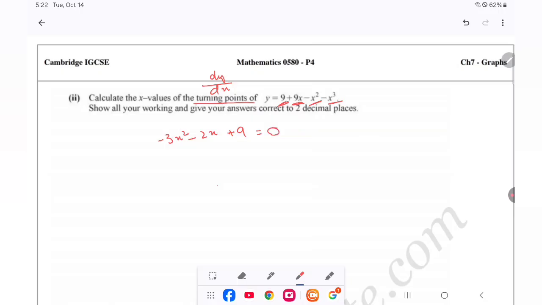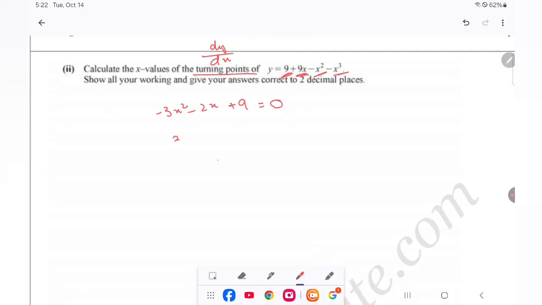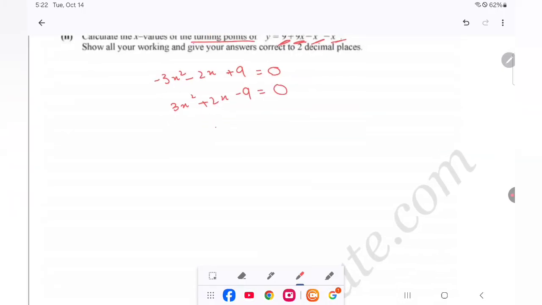This is equal to 0. This gives the equation 3x square + 2x - 9 = 0 by multiplying both sides with a negative sign. Now this is our A, this is our B and this is our C. Negative 9 is our C, B is 2 and A is 3. Put it in the quadratic formula.